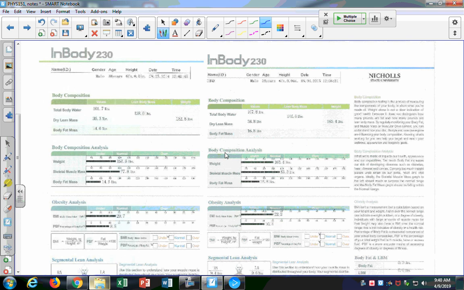And going from 152 to 163, I gained all this weight, but if you look, it was mostly muscle mass. I went from 77 up to 83 pounds or so. So a lot of that was muscle mass. It helps you figure out how much of the weight you've gained is actual muscle, how much is fat, and how much is water.